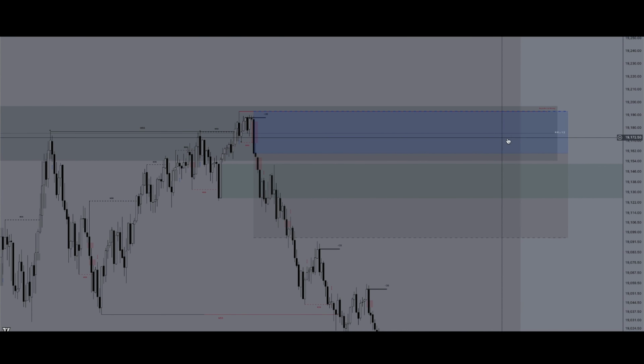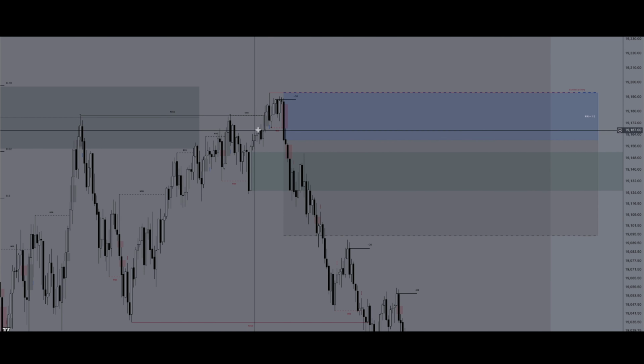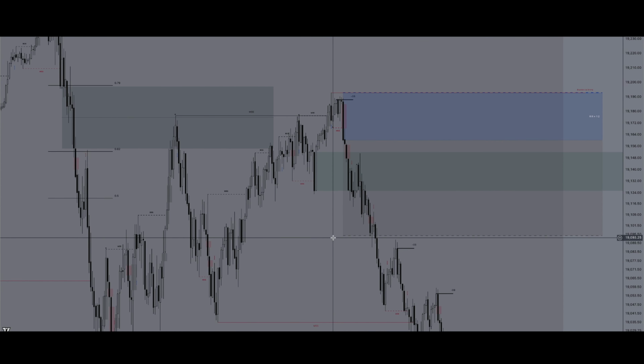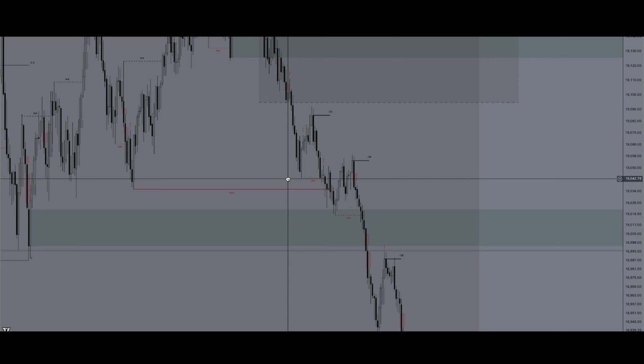It would have also been inside of that OTE area of the leg. And right here, market structure shift, fair value gap, close that candle, enter your trade, and then it started to push down for a 1 to 2. Could have held a runner to target that low.